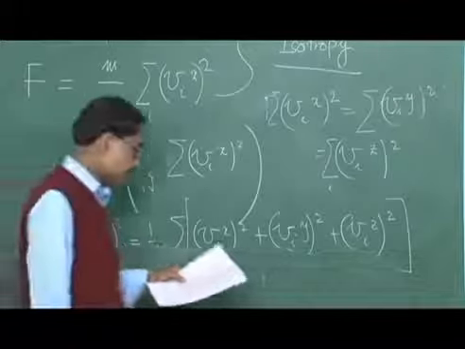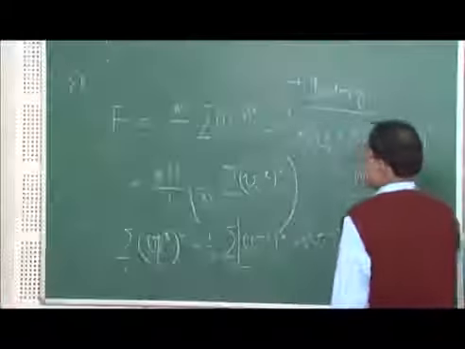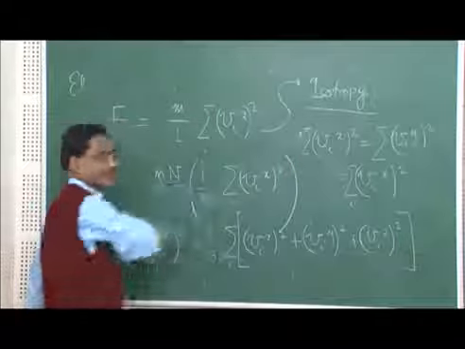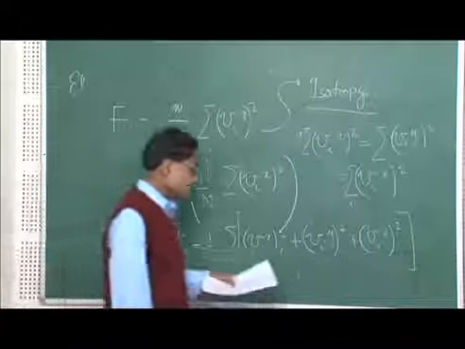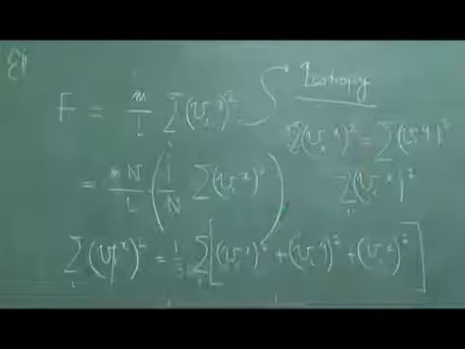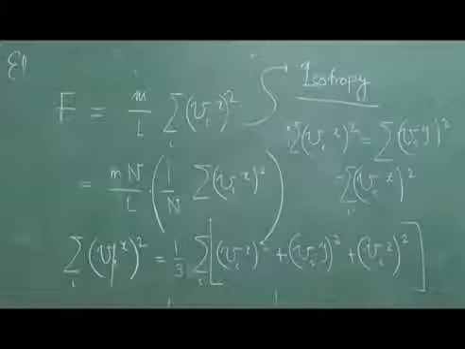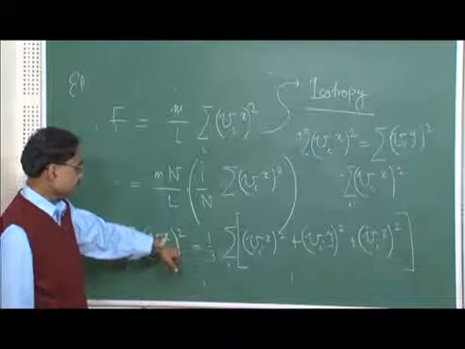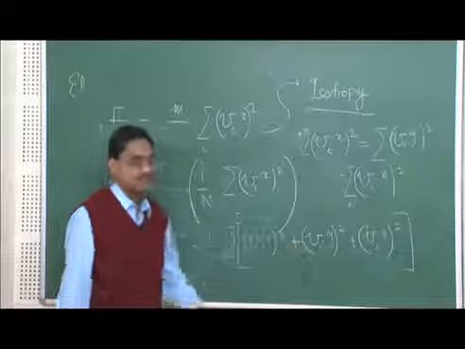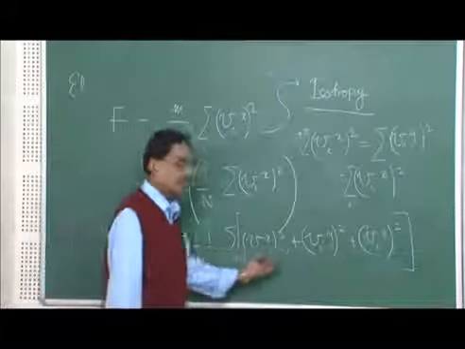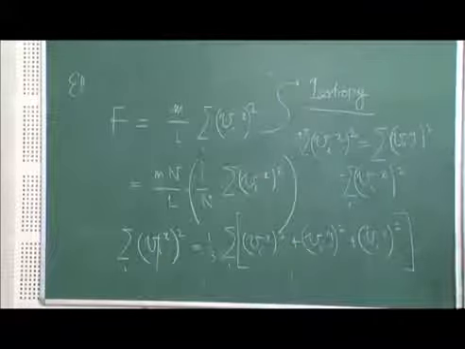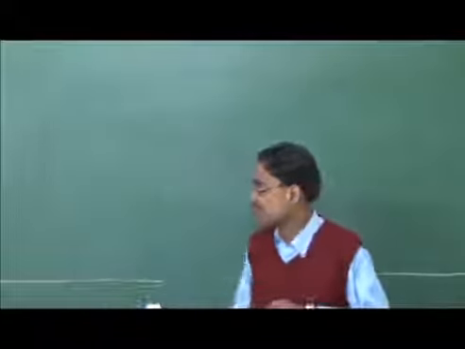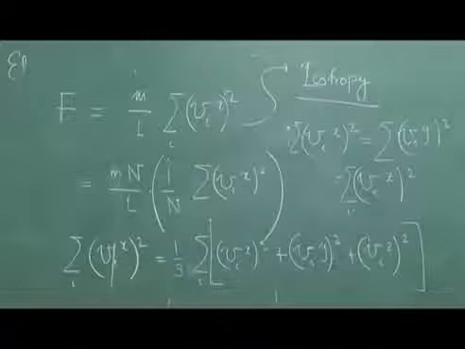I am going to use it here to arrive at the so-called momentum transfer, and from this momentum transfer I will go to the expression for pressure. So, we reached this point that the sum of Vi x square is 1/3 of the sum of these 3 quantities. I am adding 3 same things and dividing by a factor of 3, so I am getting the same result, but it gives me the whole picture of the space.